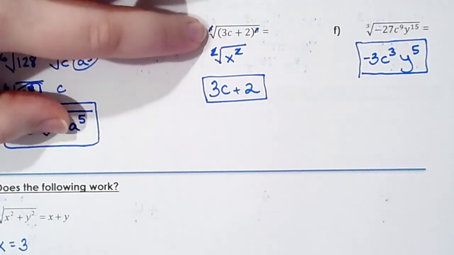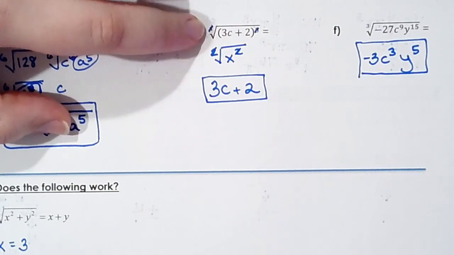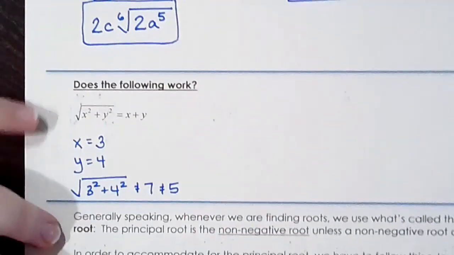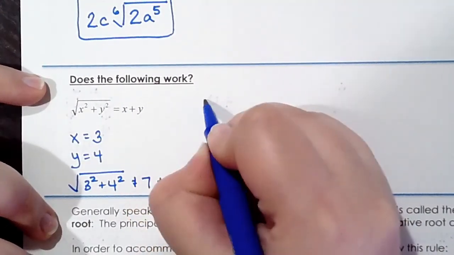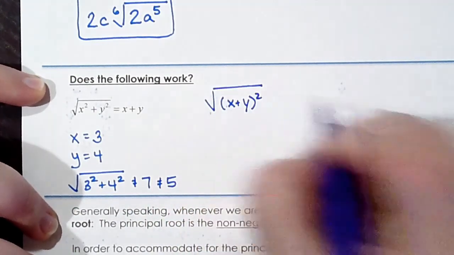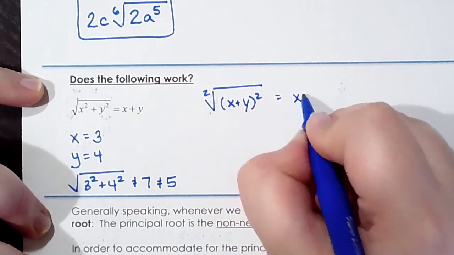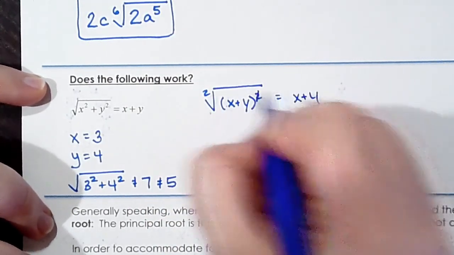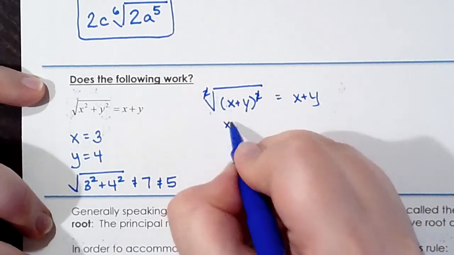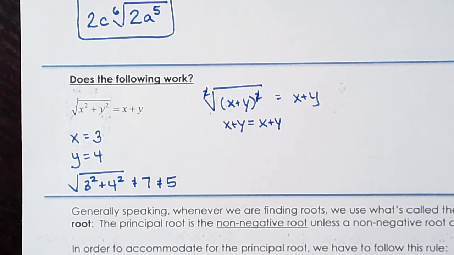Well, let's go back to what I was just saying was our favorite type of problem. This here, this 3c plus 2 cubed, where we took the cubed root. Now, if this was rewritten a little differently, for example, we had x plus y squared, and we were taking the square root, well, that would be true, because as I said before, the squares would just cancel off, and I'd have x plus y equals x plus y. But that's not the case. I have x squared plus y squared.